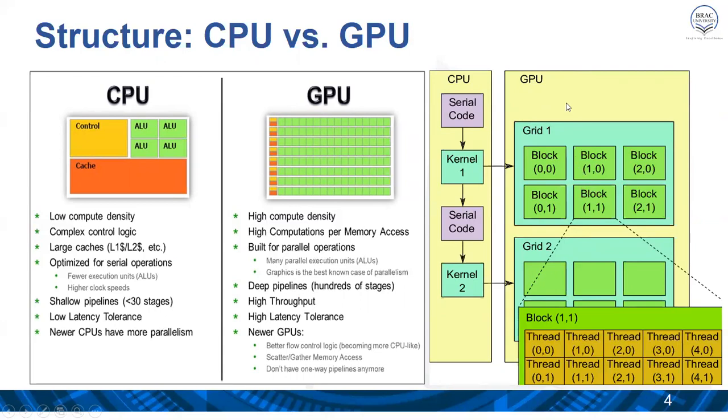That means the GPU consists of several grids, a grid consists of many blocks, and every block is composed of a lot of threads. Actually, the threads are the smallest units of GPUs.